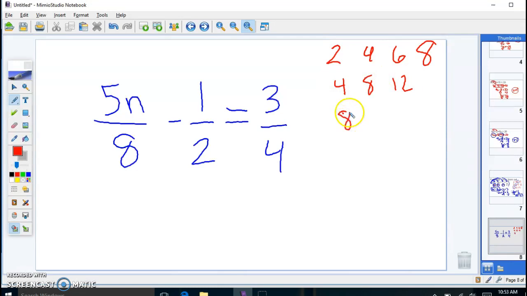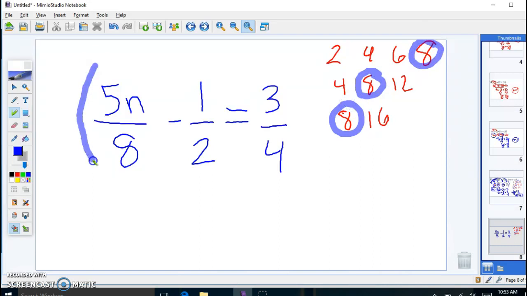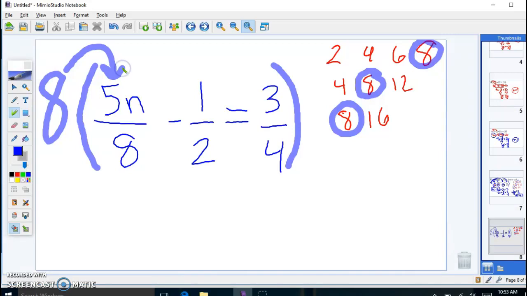My multiples of 8 would be 8, 16, and so on. But right away, I notice that all three lists have the lowest common multiple of 8. So before we even start solving it, we're going to multiply this entire equation by 8. And 8 times 5 is 40. 40 divided by 8 is right back to 5n.